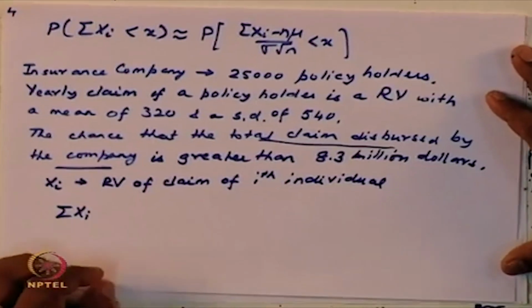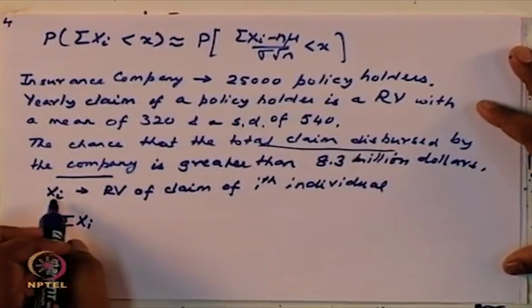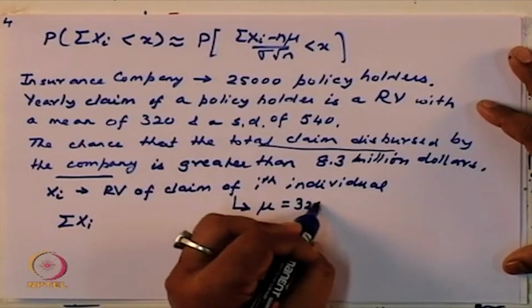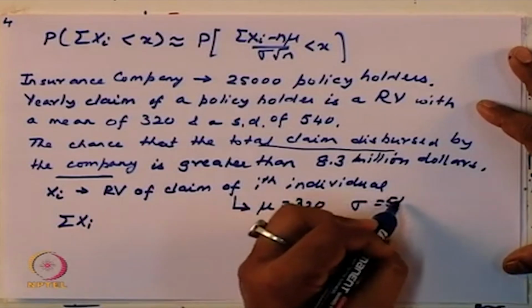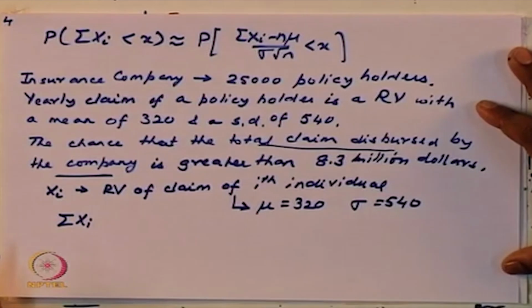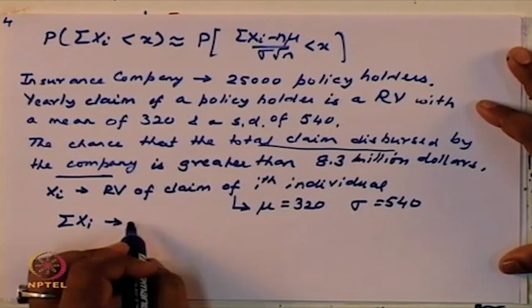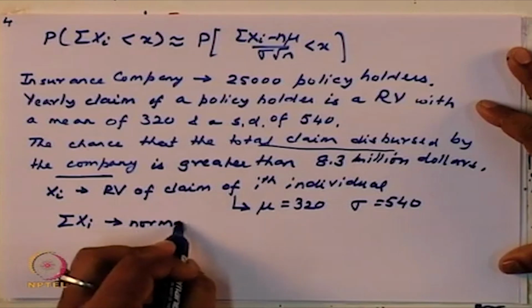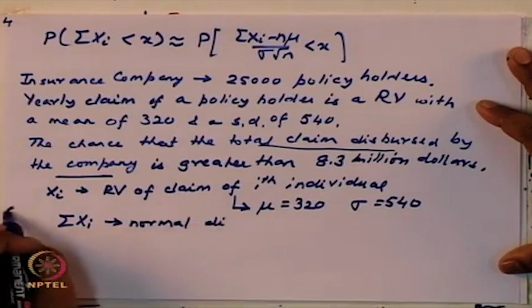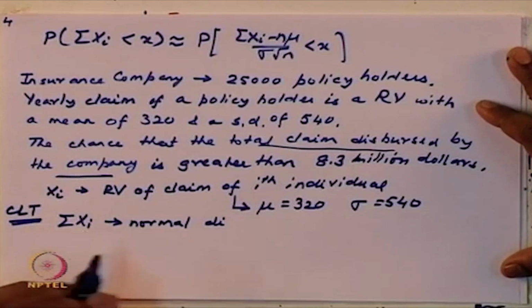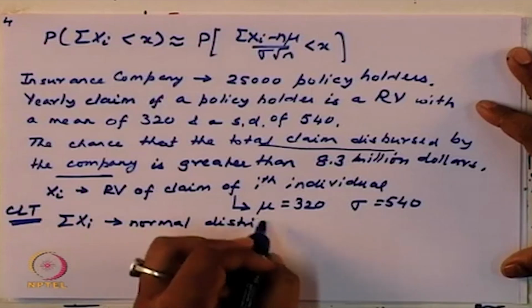Each xi has a mean equal to 320 and sigma equal to $540. Okay. So, my summation xi must follow a normal distribution. So, this is by central limit theorem.